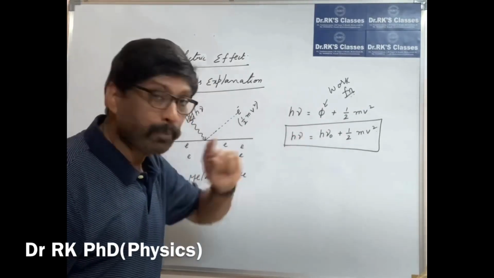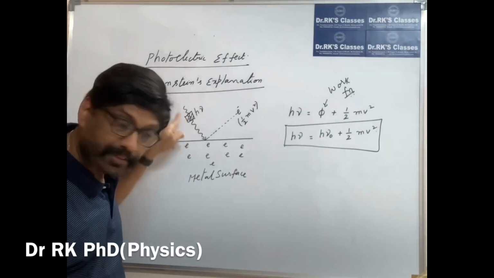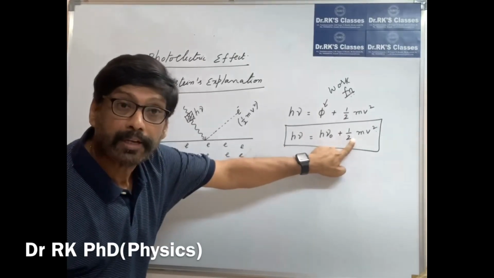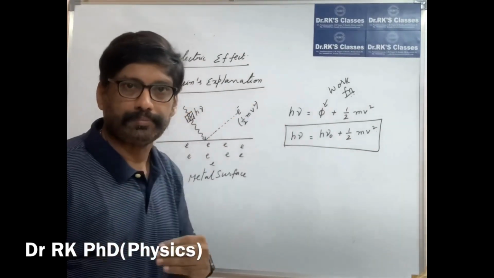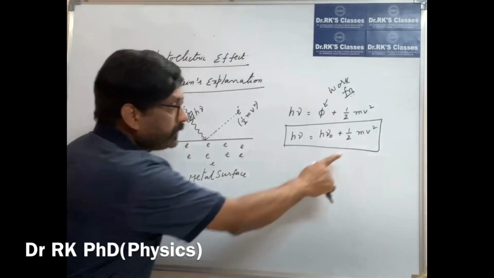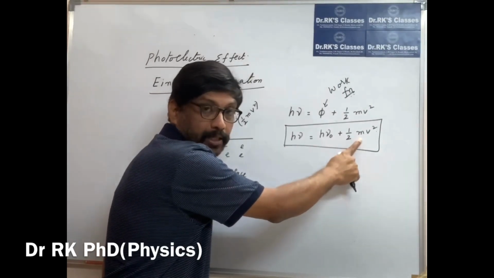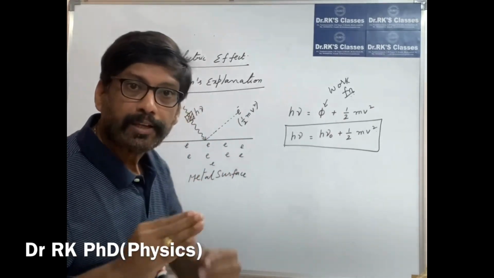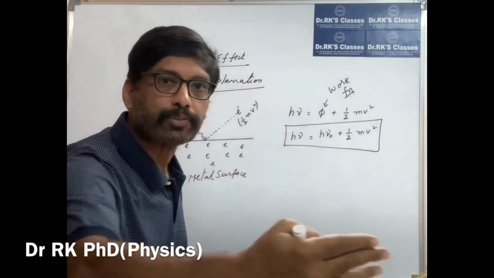When photons are incident on the metal surface, the kinetic energy of the emitted electron varies from 0 to some maximum value, because we don't know which electron is coming out. So this is the maximum kinetic energy of the photoelectron. Even though the incident photon frequency is fixed, the kinetic energy of the photoelectron varies from 0 to the maximum value.